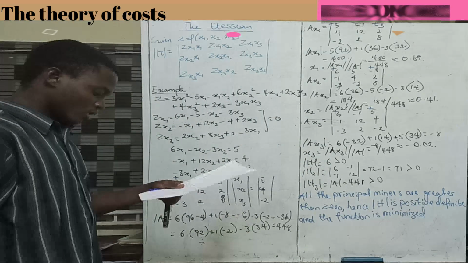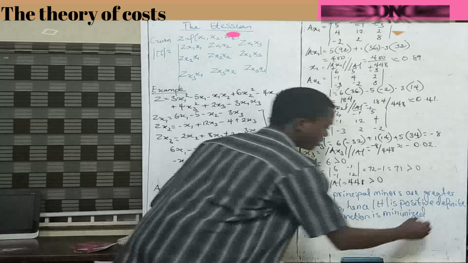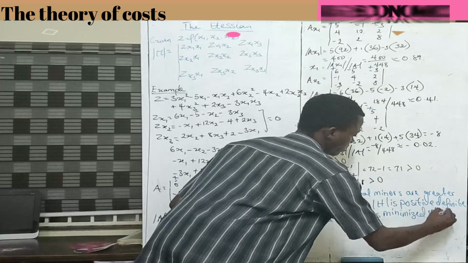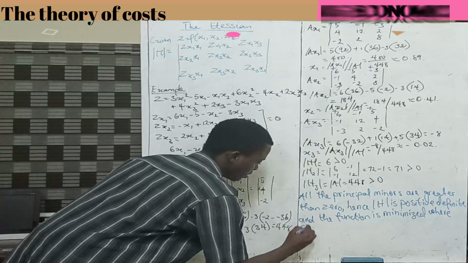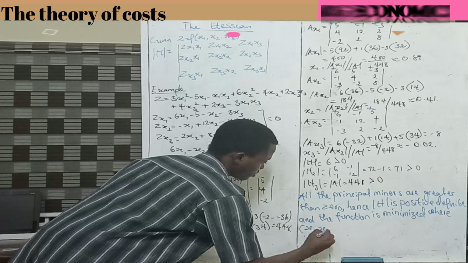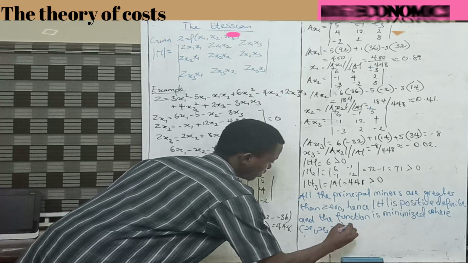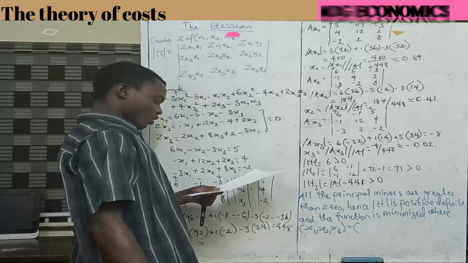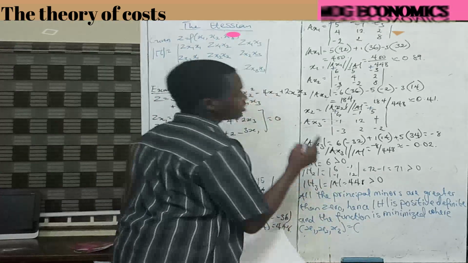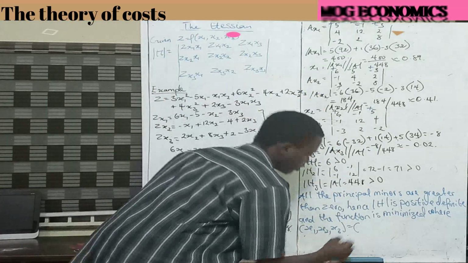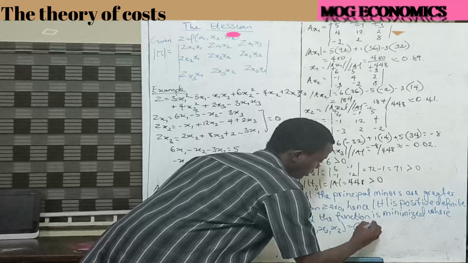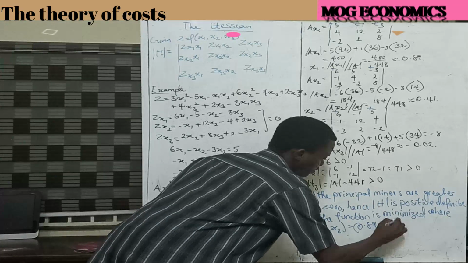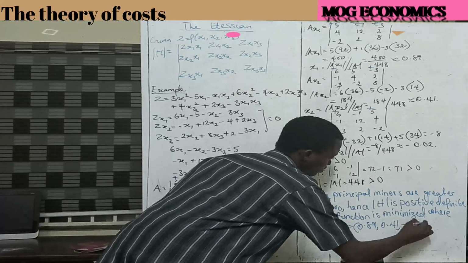Here, x1, x2, x3 equal to 0.89, 0.89, 0.41 minus 0.02, 0.89, 0.41 and minus 0.02.